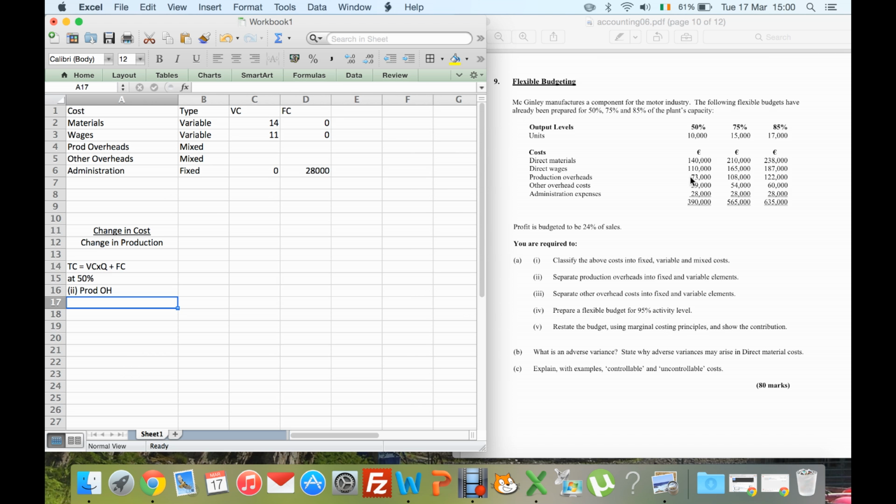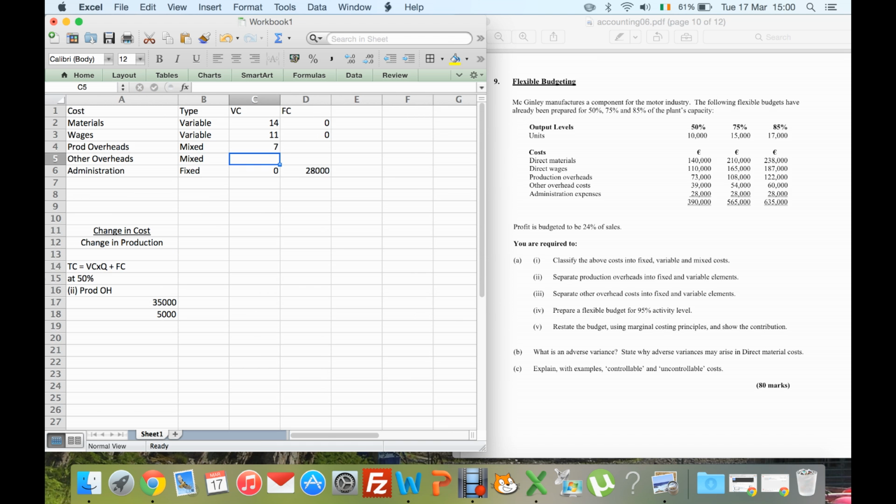No, it's not, so I'll just quickly check that. 108 minus 73 is 35. So the costs go up by 35, and the production has gone up by 5. So that means the variable element is going to be 7 per unit.